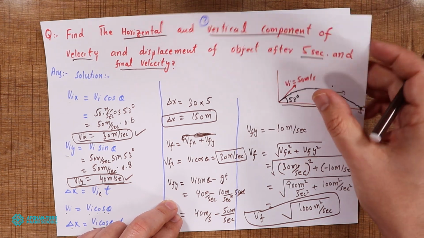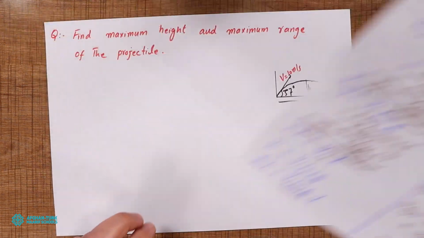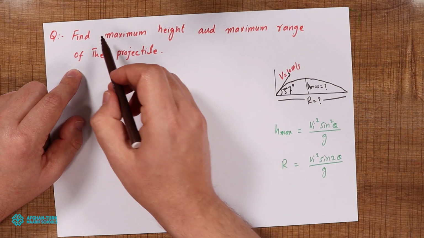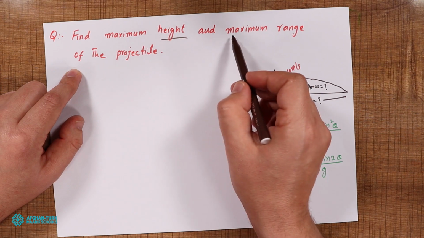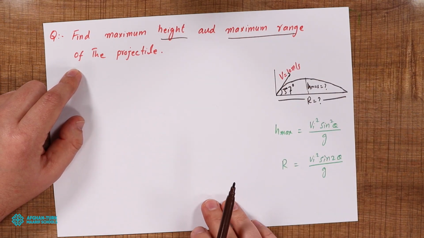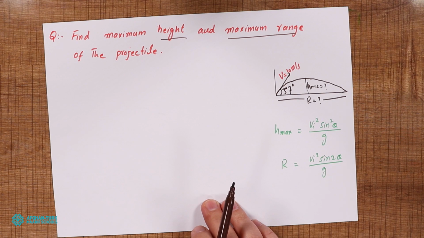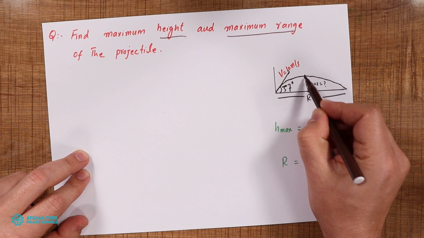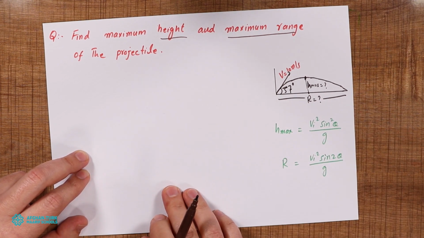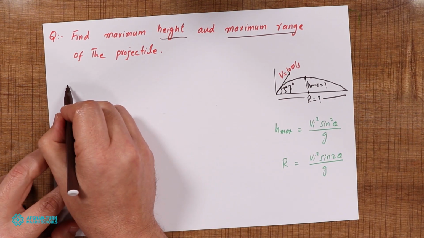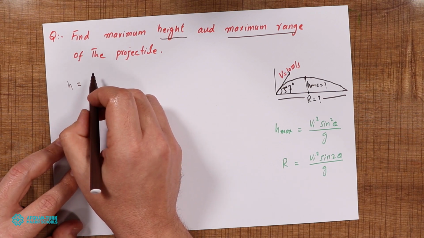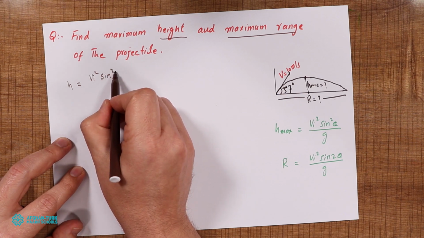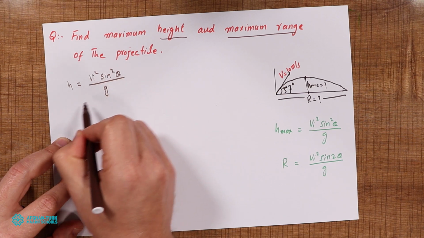The third one, which is the last one we are going to discuss here, asks to find the maximum height and maximum range of the projectile. So now we are going to find the maximum height, meaning the height from this point to this point, and this range. We know the height formula that we proved in the last video: vi square into sine square theta divided by 2g.